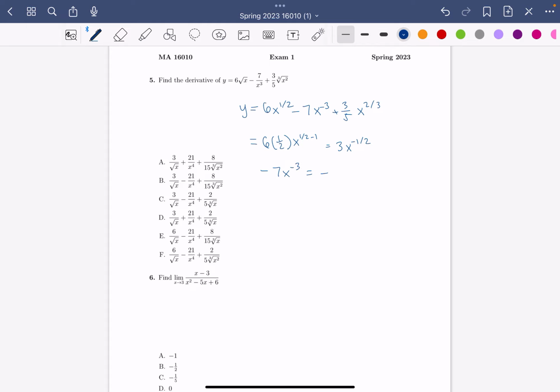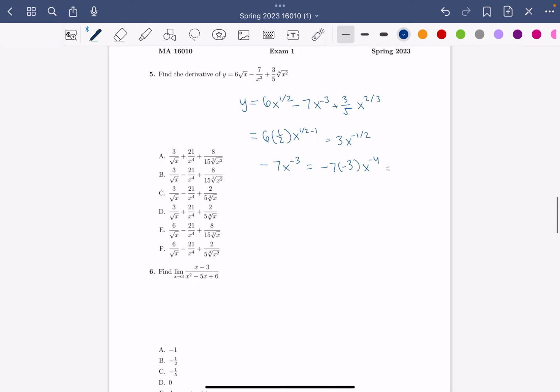Negative 7 times negative 3, x to the negative 4, because negative 3 minus 1, that equals 21x to the negative 4. This last term, 3/5 x to the 2/3, if we multiply, 3/5 times 2/3, x to the 2/3 minus 1, we can cancel out these 3's.